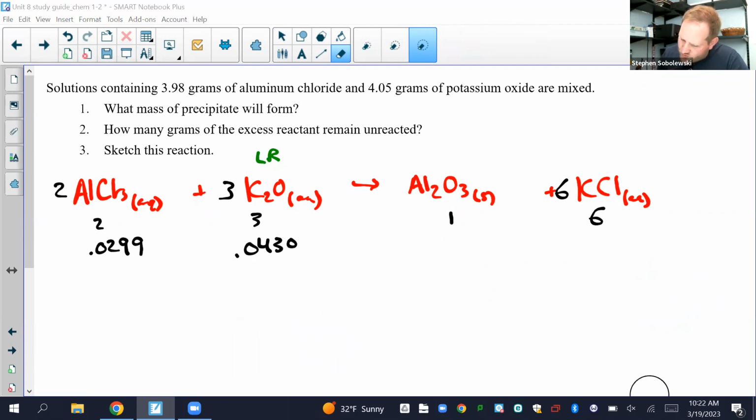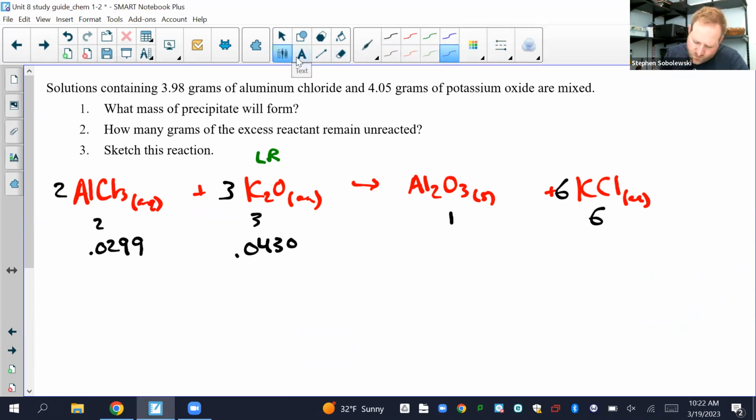Okay, for this one, I'm looking to figure out how many grams of excess remain unreacted. So for this, I would make a BCA table. If your teacher's gone through that with you, that's where we make a B for before, C for change, and A for after.